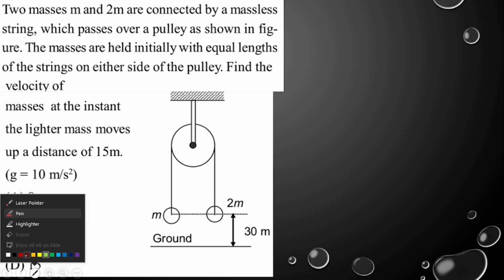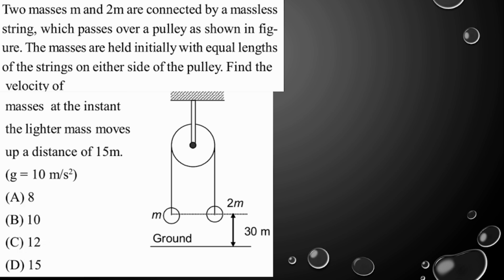Next question is: here we have two masses m and 2m connected by a massless string which is passed over a pulley as shown in the figure. The masses are held initially with equal lengths of string on either side of the pulley. Find the velocity of the mass at the instant the lighter mass moves up a distance of 15 meter.